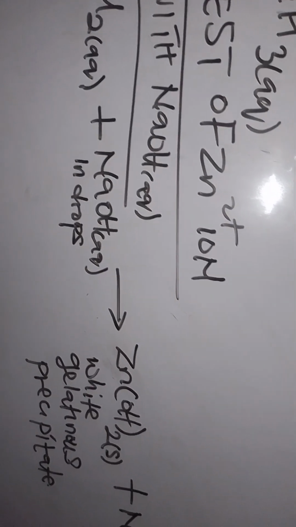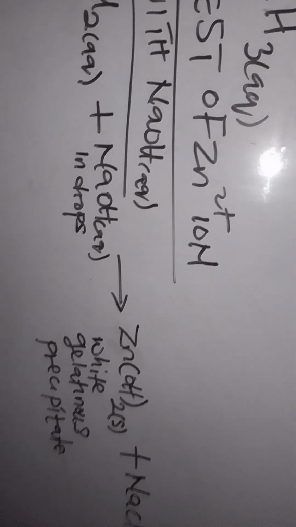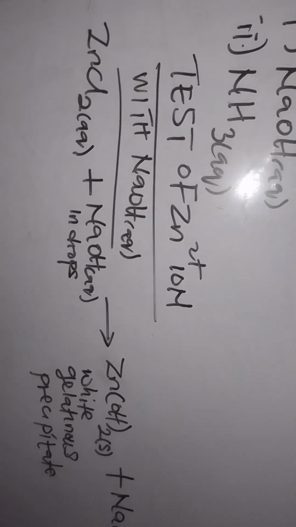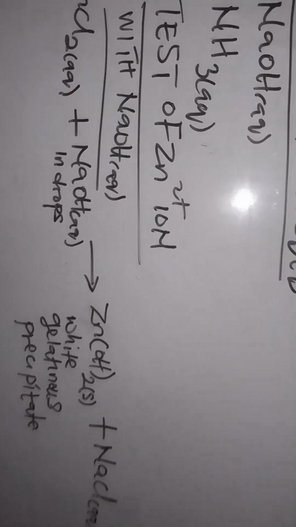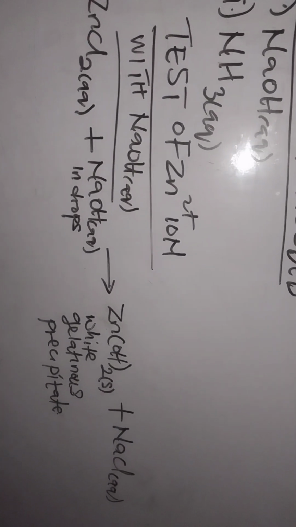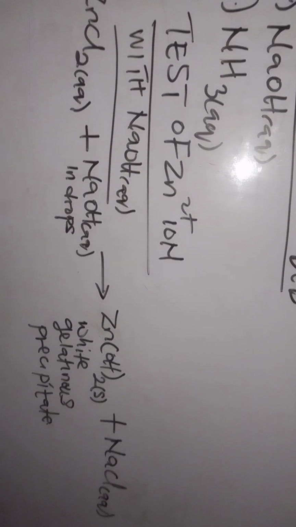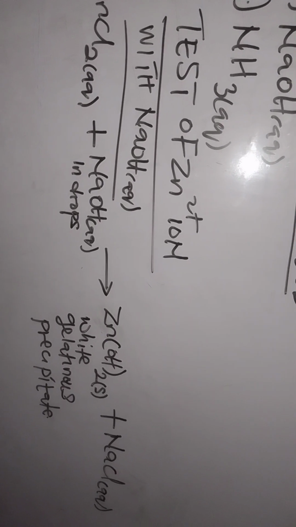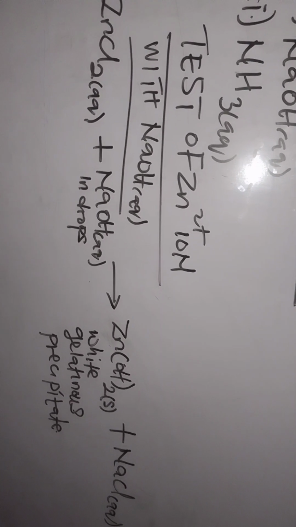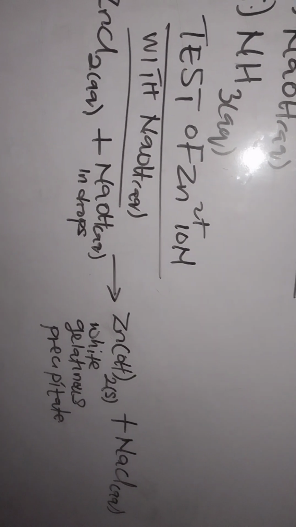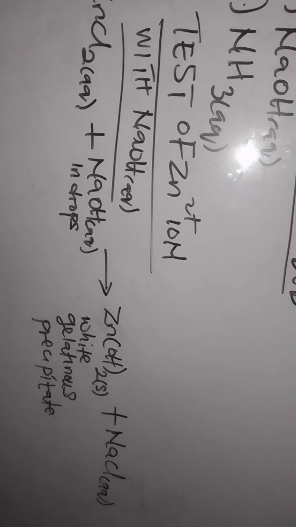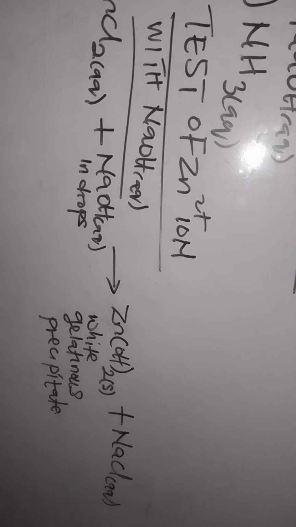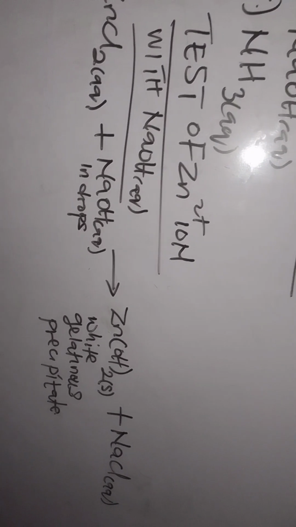Then how do we come about this white precipitate? Don't forget zinc 2 hydroxide is a base, because a base is a substance which when dissolved in water produces hydroxide ion as the only negative ion. But there are 3 categories of bases. We have oxide of metal like sodium oxide, zinc oxide. We have hydroxide of metal like sodium hydroxide, zinc hydroxide, and so on and so forth.